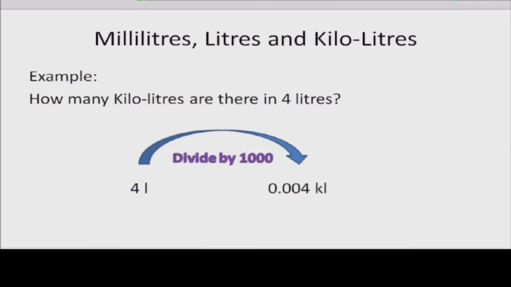In this example, how many kiloliters are there in 4 liters, right? So you need to convert liters to kiloliters. The calculation or the order of operation is simple. You need to divide by 1000. Divide liters by 1000. So the question says 4 liters. So you divide 4 liters by 1000 to give you 0.004 kiloliters.